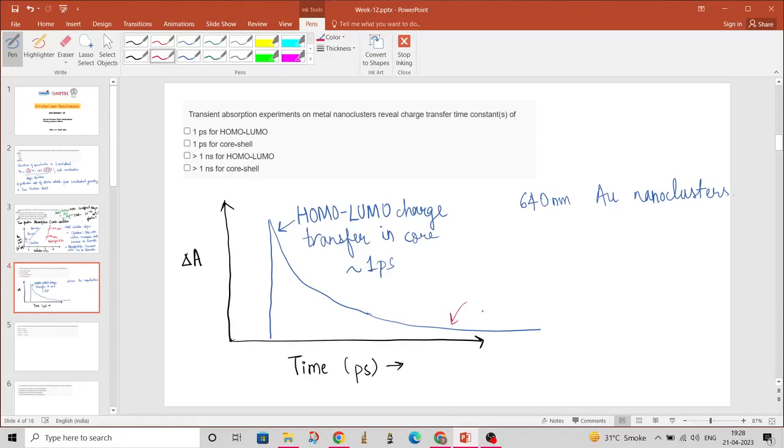And this slow component was designated to core shell charge transfer.